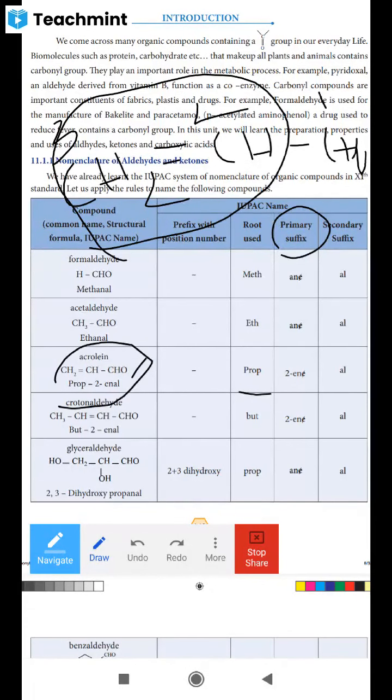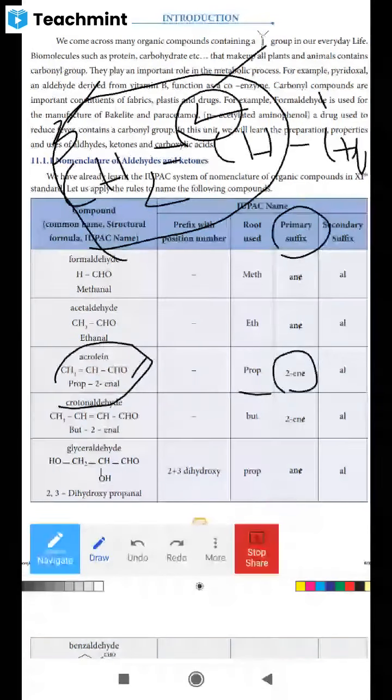So here you are having number 2 and number 3. Which is the least number? 2 is the least number. So you are giving 2-ene. Ene means which contains a double bond. Here the double bond is on second and third. So 2-ene. And primary suffix is what functional group? Aldehyde is the functional group.